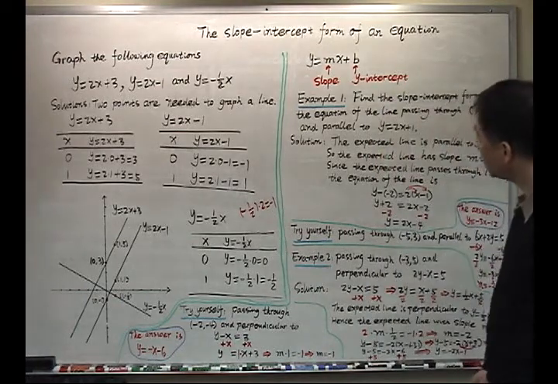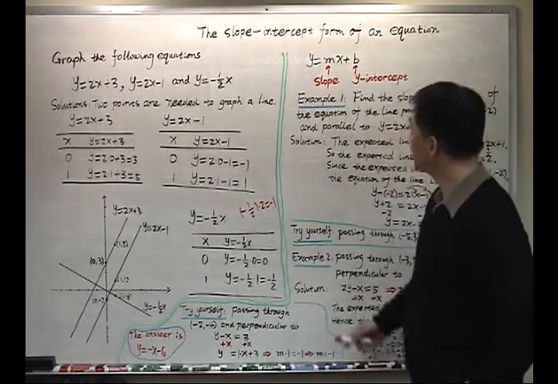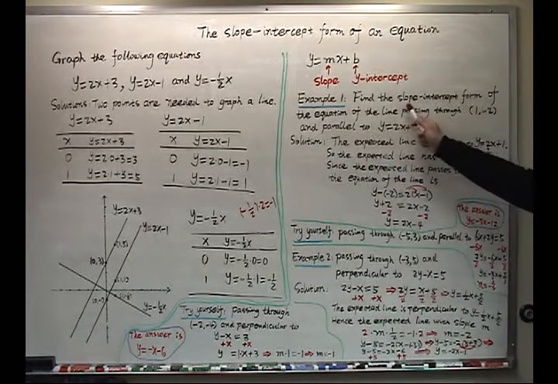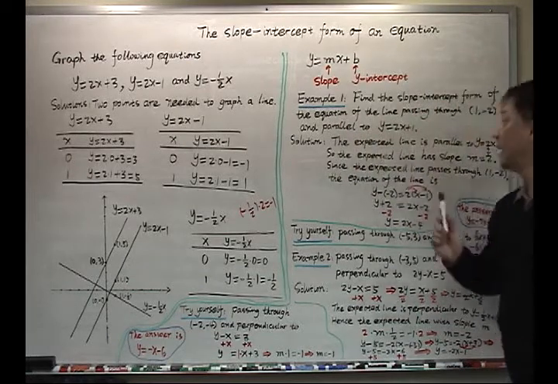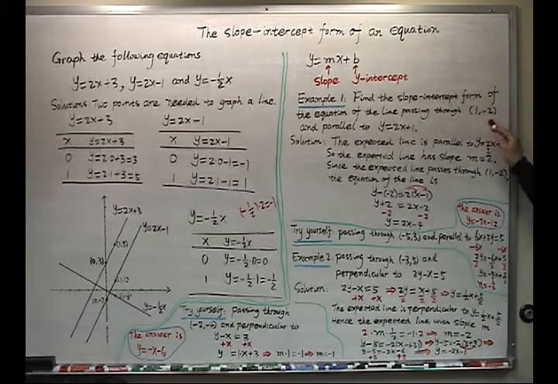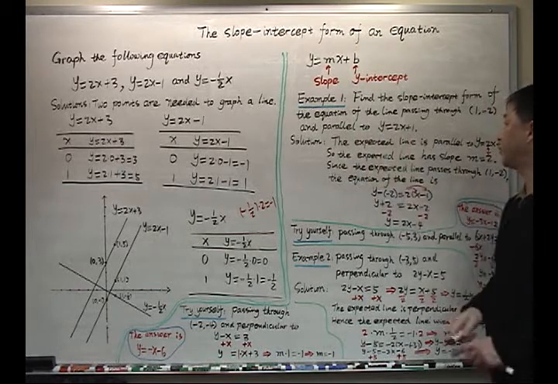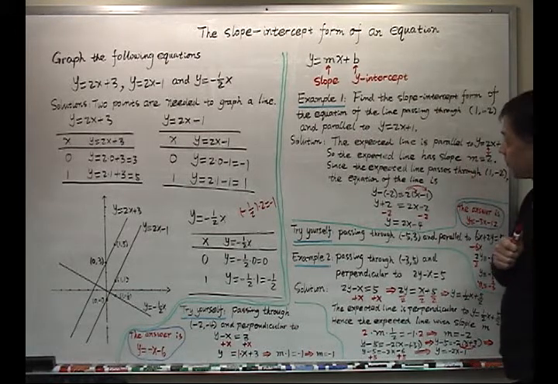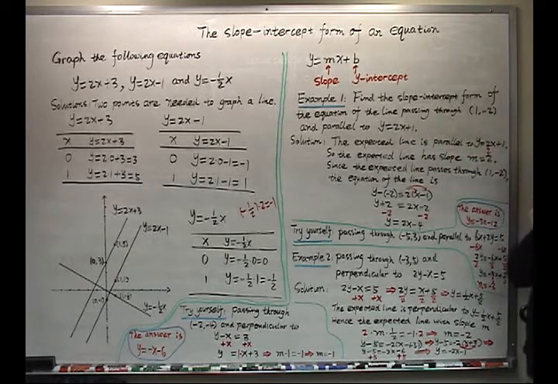With that knowledge in our mind, let's look at example 1. Example 1 says: find the slope-intercept form of the equation of a line passing through (1, -2) and parallel to y equals 2x plus 1. So we want to find the equation of the line which is parallel to this one and passing through (1, -2).